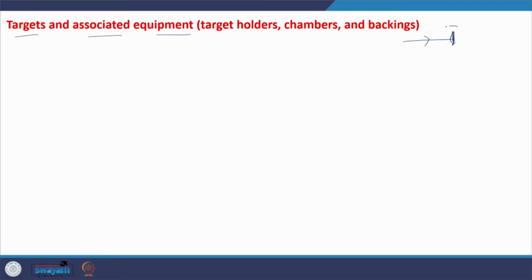You should have a chamber. And you should place the target on some target holder, isn't it? There is a target holder, then you should have some kind of backings.